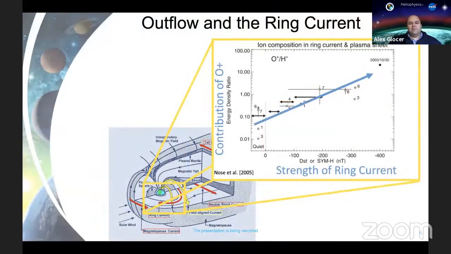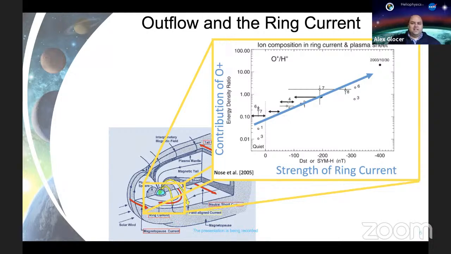I'm going to walk through a couple of examples of that. In the inner magnetosphere, where you have the ring current and radiation belt region, you can find that during storms, a lot of times the plasma in this region is coming mostly from the ionosphere. This is an example I like to show from a study from Nosé et al. in 2005, where they look at the strength of the ring current during different storms and how much energy in the ring current is contributed by O+. O+ is very nice because it only comes from the ionosphere, so it's a clear marker of an ionospheric source of plasma.